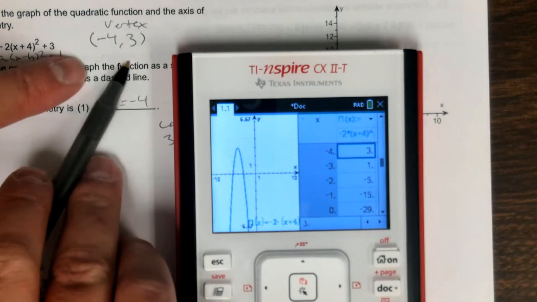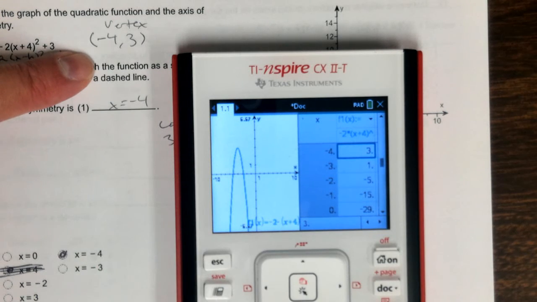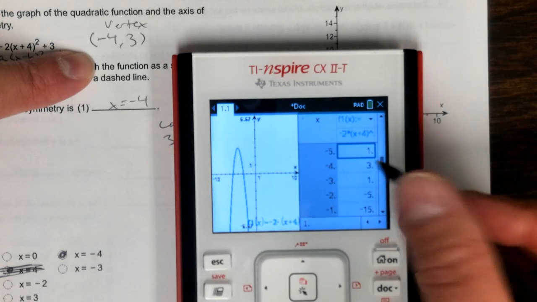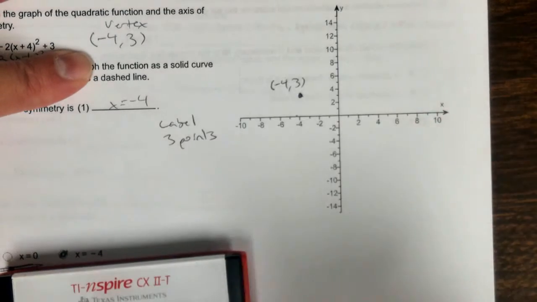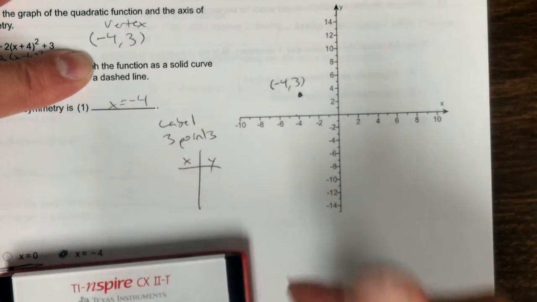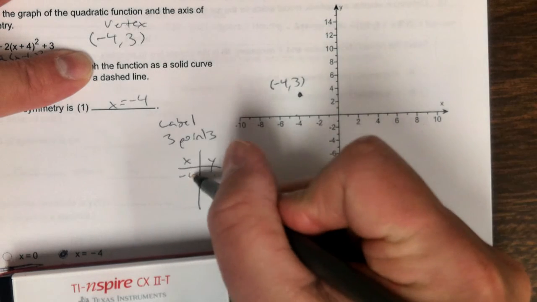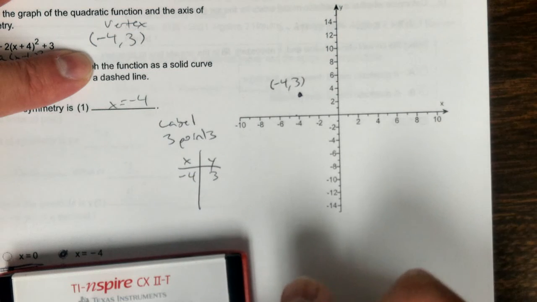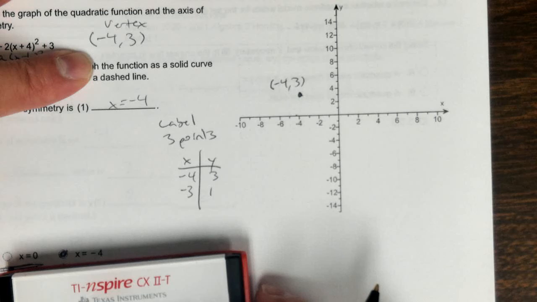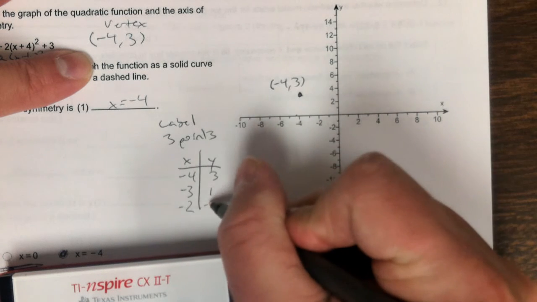Well, if our vertex is (negative 4, 3), then we ought to start with that one and go to (negative 3, 1), and (negative 2, negative 5).